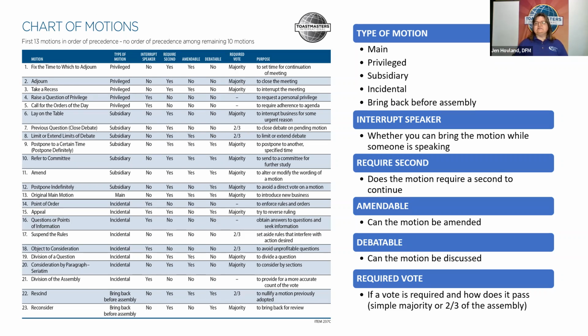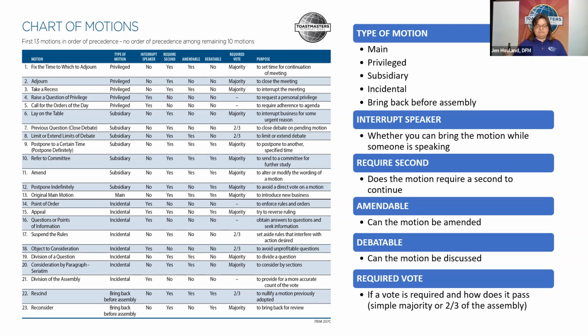One of the handouts being shared shows the order of how motions are presented and how they can be voted on. It's a very step-by-step thing. I'm just going to go quickly through the top 7 points.